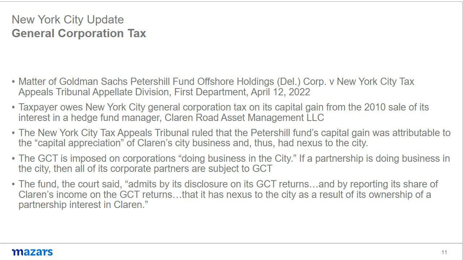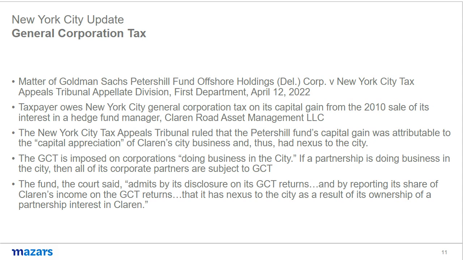that effectively the Goldman Sachs entity was doing business in New York City by virtue of its partnership interest. And finally, what was pointed to was the fact that here we had a claim for refund that was issued. So on its original returns, the Goldman Sachs entity had reported the gain and paid tax in New York City on the gain and then filed claims for refund.